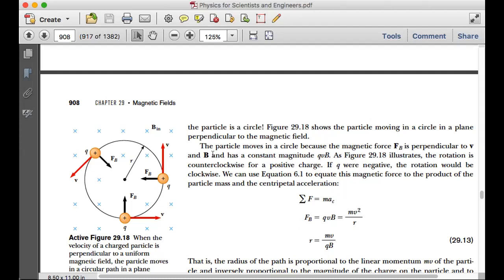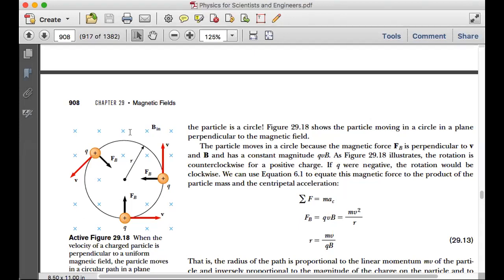Not really a circle, this is seen from above. In reality, this is not really a circle, but like a spiral motion.